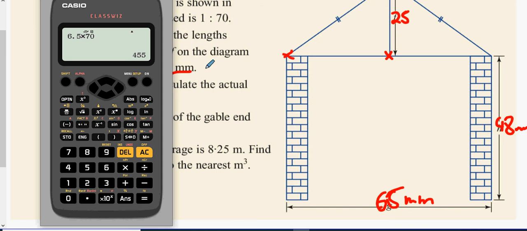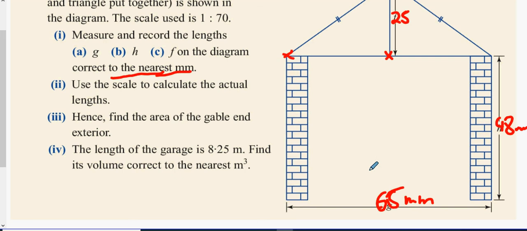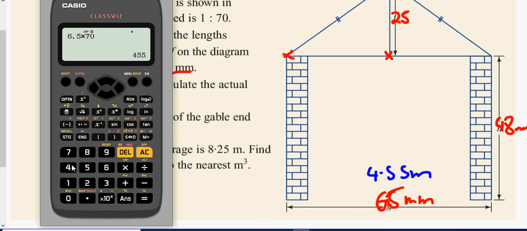Okay? So what I would do here is calculate the real values. You can either multiply millimeters by 1,000 or multiply centimeters by 100, whichever you want to do. So this is going to be 4.55 meters. What's the height? 48 multiplied by 70. That's it in millimeters, isn't it?